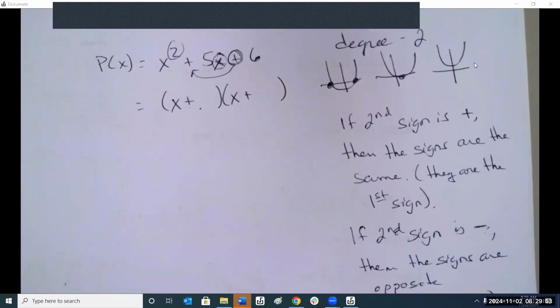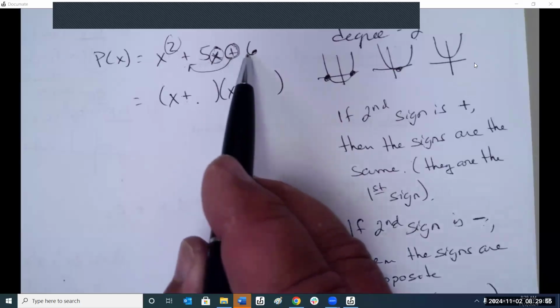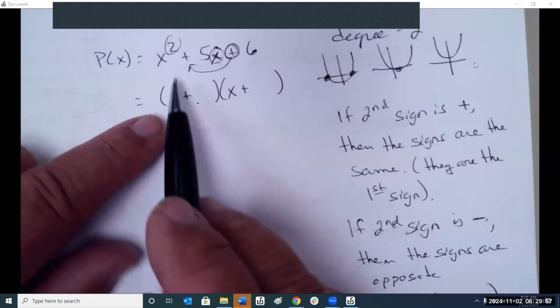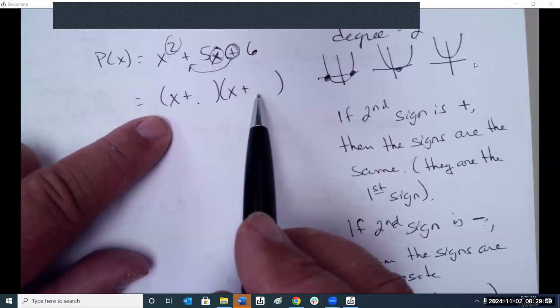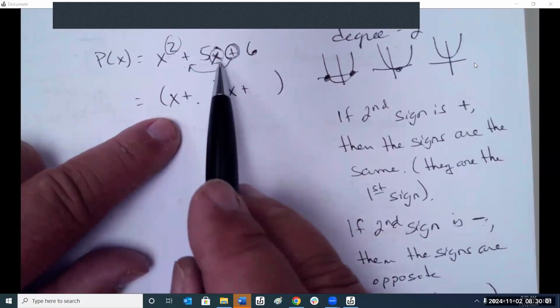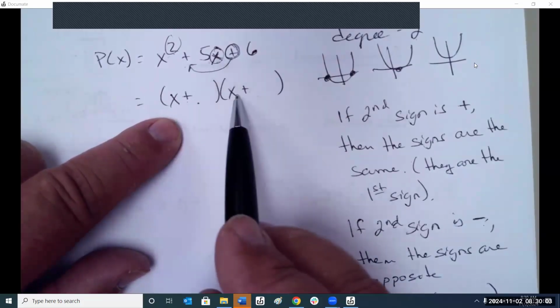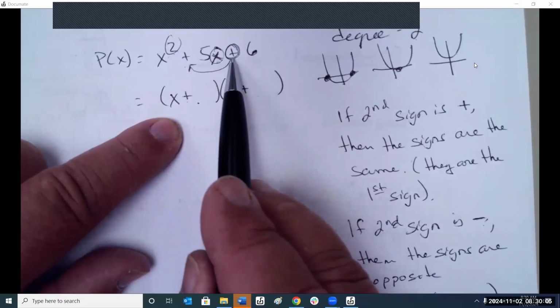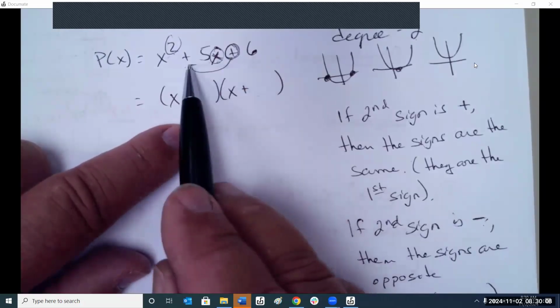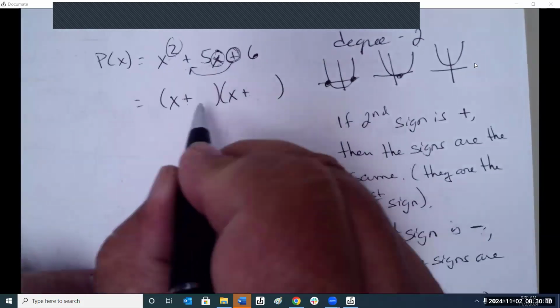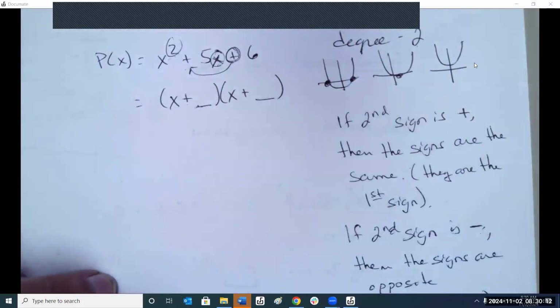So in our example here, we have x squared plus 5x plus 6. It's quadratic, so we know there's 2 possible solutions. We solve for the middle letter, x. Second signs are plus, so they're both the same signs. They're both positive. So we have to figure out what numbers go in there.